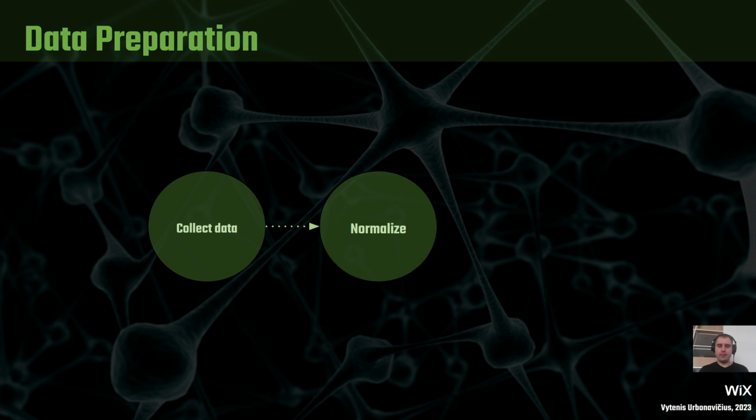And the thing is that those are completely different scales. And when neural networks operate, at some point within the neural network, it will be adding those values up together. And it will be more difficult for a neural network to come up with something meaningful if the scales of those two different numbers are different. So it's better to scale them down into the same scale. So for example, you could squash those values between 0 and 1.